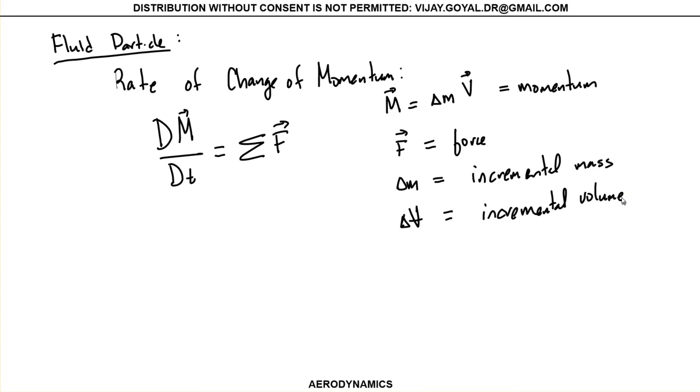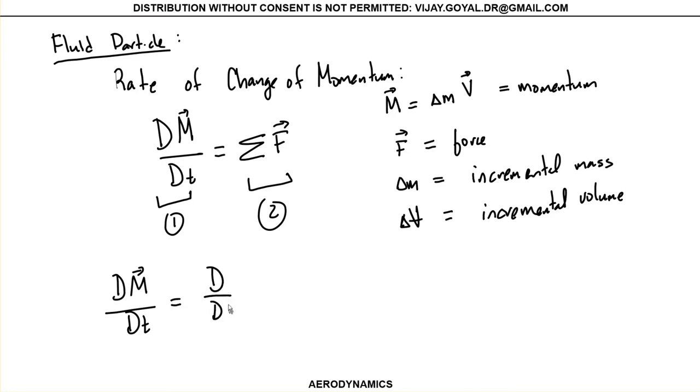Okay, so now let's see what happens with each one of these parts. Let's work with part 1 on this side, and part 2 on the right hand side. On this side, the substantial derivative of momentum is nothing else than taking the total derivative of my delta m times velocity.